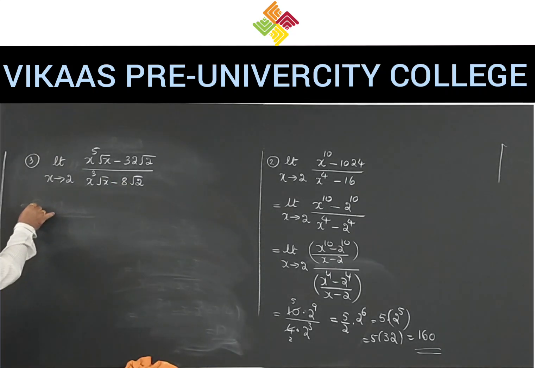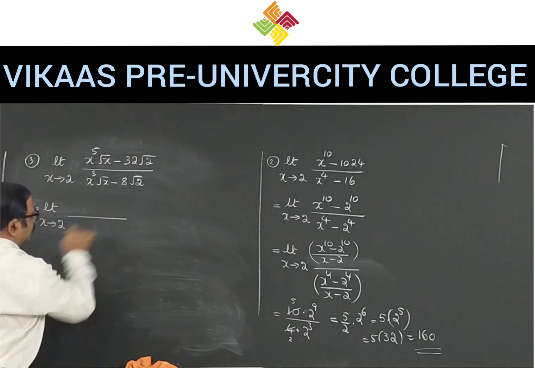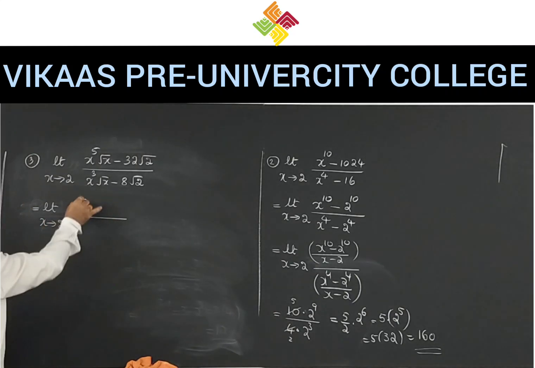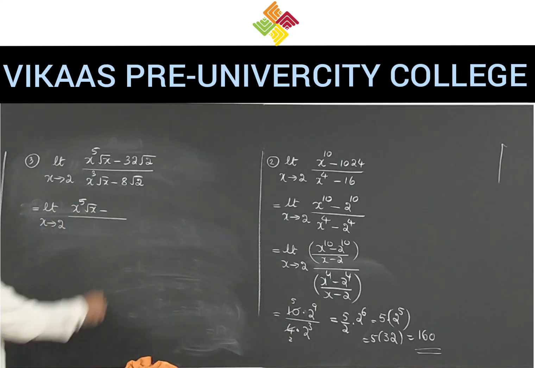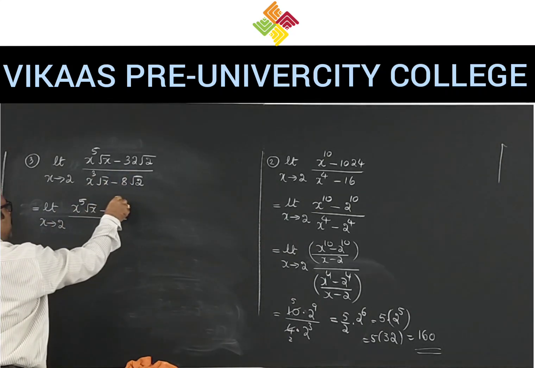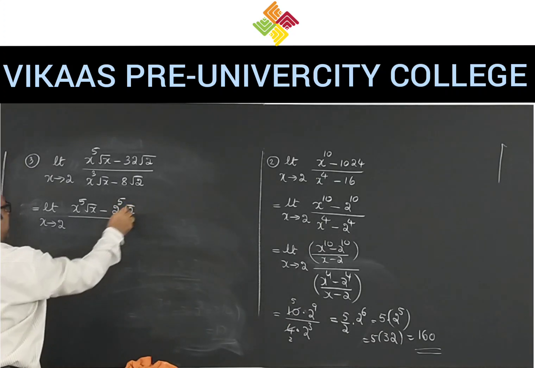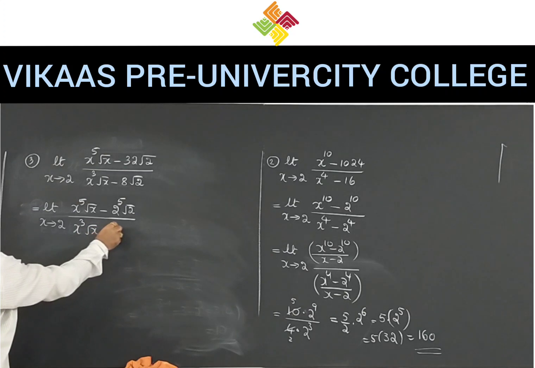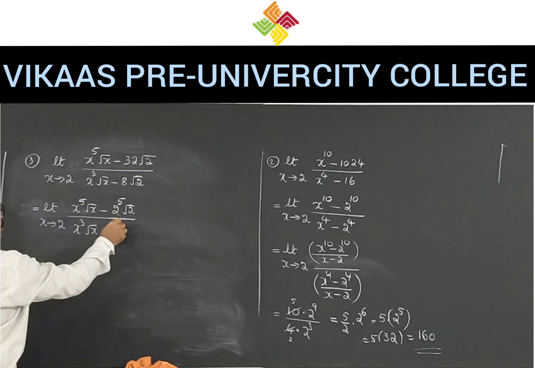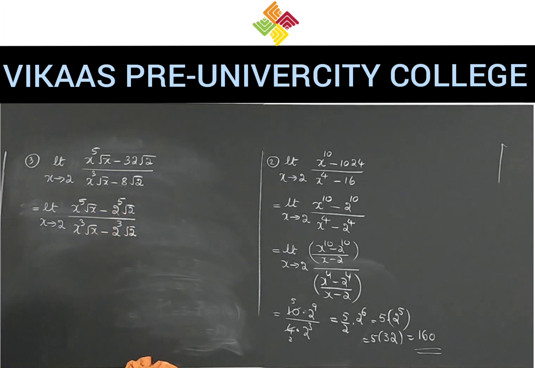Now you write it as limit x tending to 2. First you write x power 5 into root x minus 32, which is nothing but 2 power 5 into root 2. Here x cube into root x minus 8 is 2 cube into root 2.